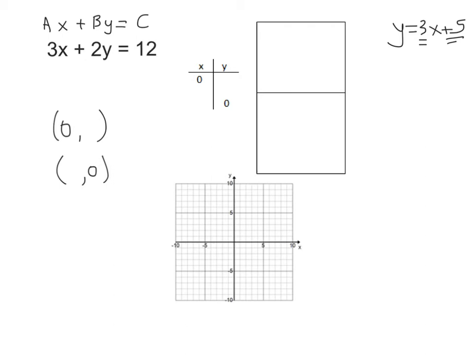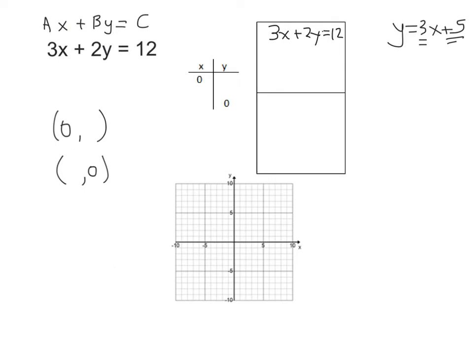If we can plot a point on the x-axis and a point on the y-axis, we can connect those two points with a line, and then we have graphed our function. And again, why is 0 so handy? Well, let's find out. We're going to use this space right here to show our work to find these two values. I'm going to start by writing my function, 3x plus 2y equals 12.